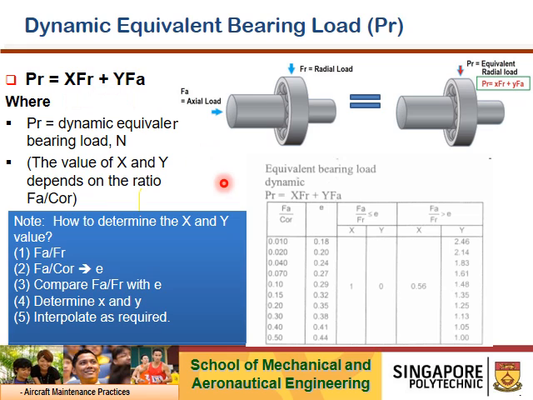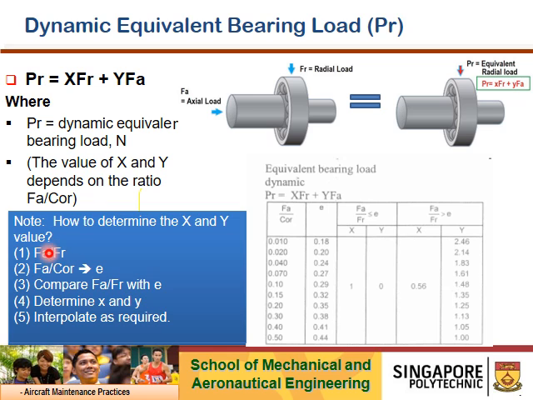So you need to determine your X and Y through these given columns and steps to follow. So the value of X and Y will depend on the ratio of FA over COR. Alright, so FA is axial load. What is COR? I will explain what COR is in a later part and how to obtain this value. So these are the steps.